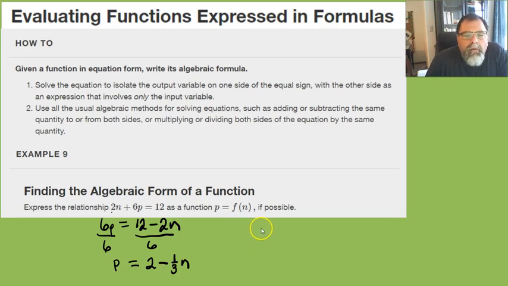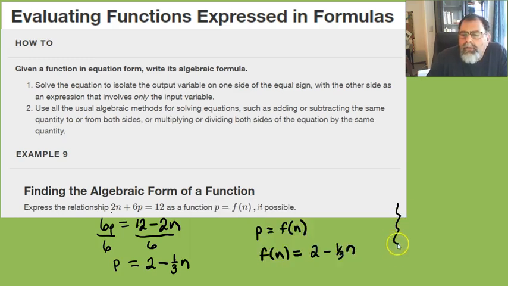And then if we want to write p as a function of n using function notation, f of n is equal to 2 minus 1/3 n. One more note I want to point out. This book doesn't do it this way, but in a lot of books, you can name the function p.